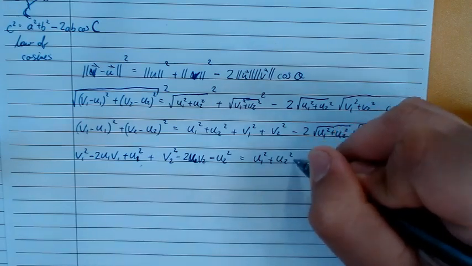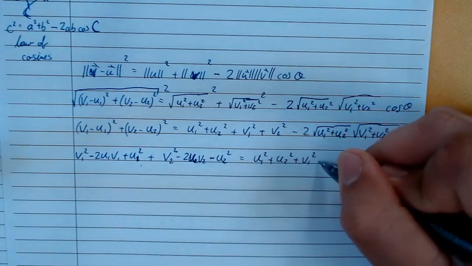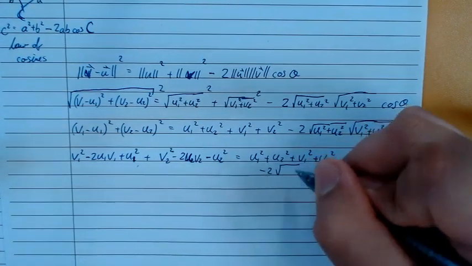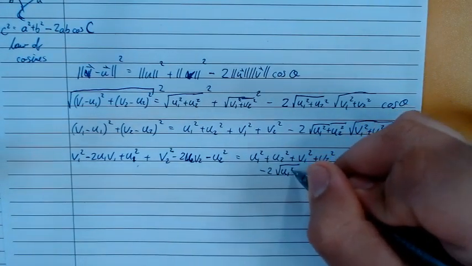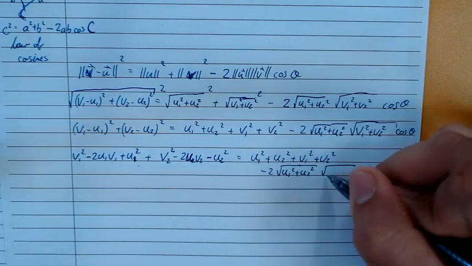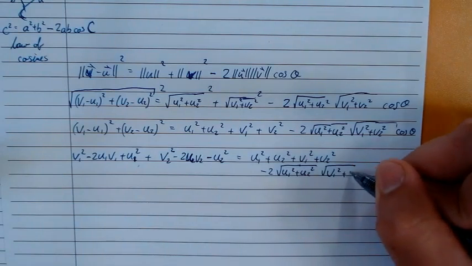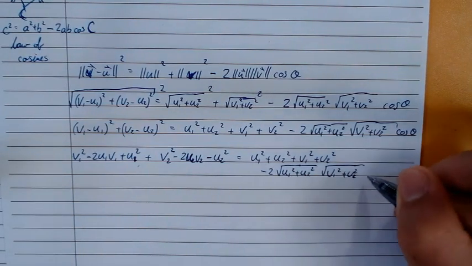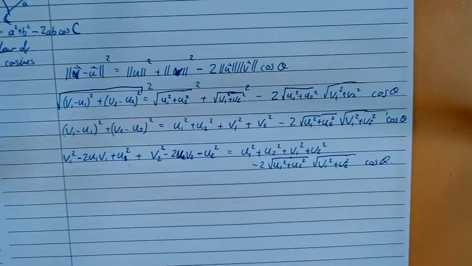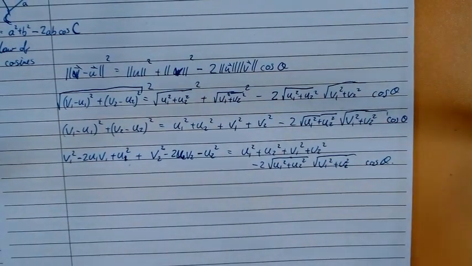plus u2 squared plus v1 squared plus v2 squared minus 2 times the square root of u1 squared plus u2 squared times the square root of v1 squared plus v2 squared times the cosine of the angle theta. Now this might look absolutely horrifying until you realize almost everything cancels out.